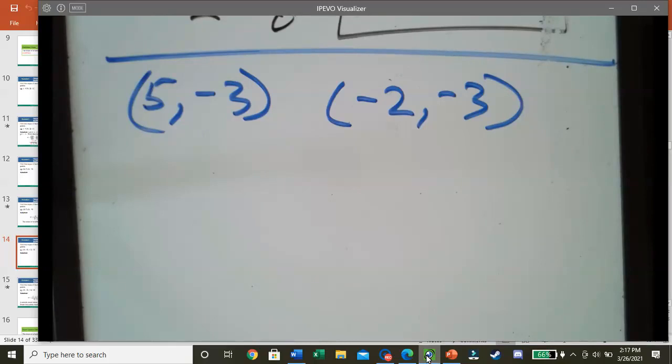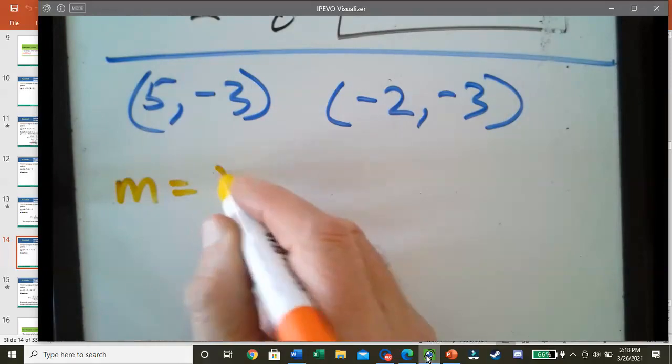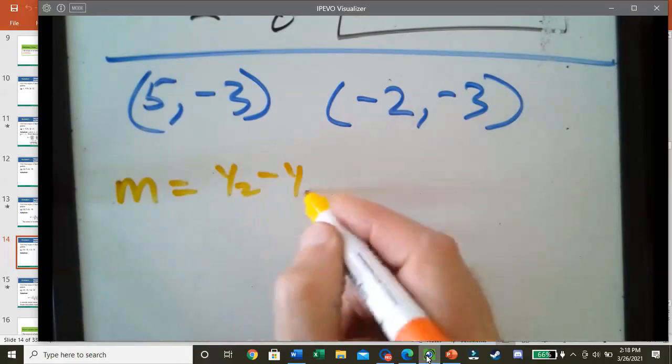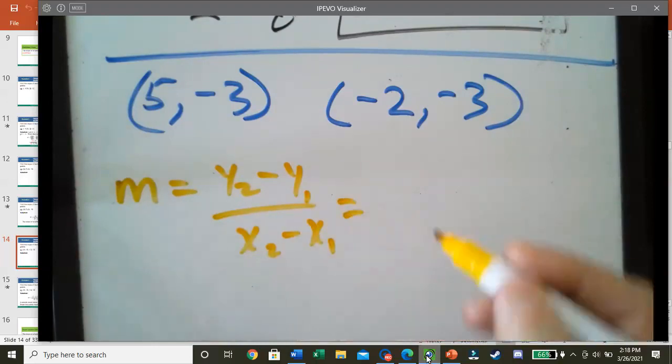Let's see, it's negative 3 minus negative 3, right? Because you got the negative for your equation, right? So that's going to change it, right? Because your slope of 2 points equation is y2 minus y1 over x2 minus x1.